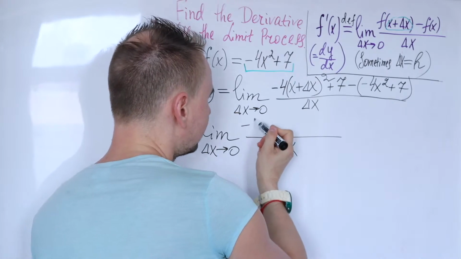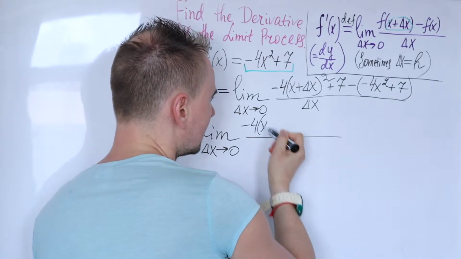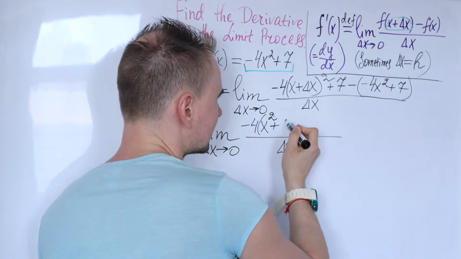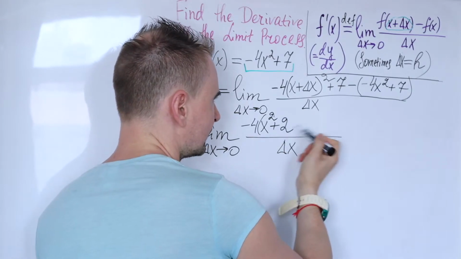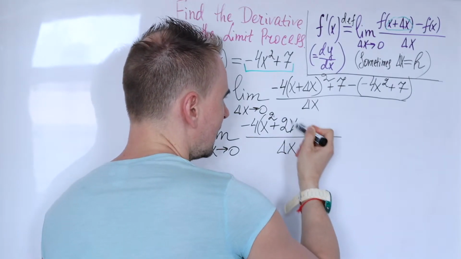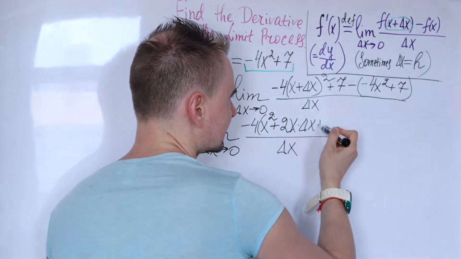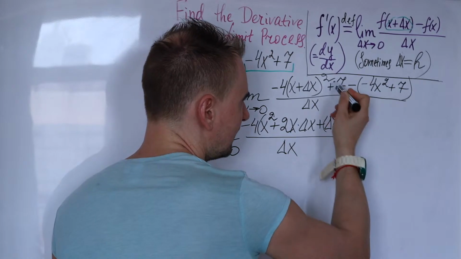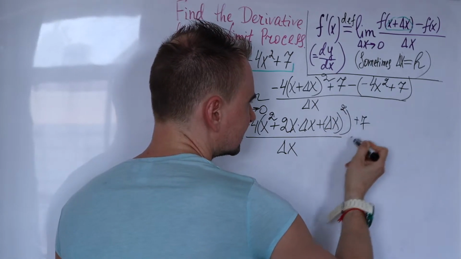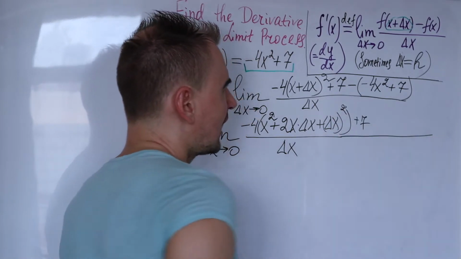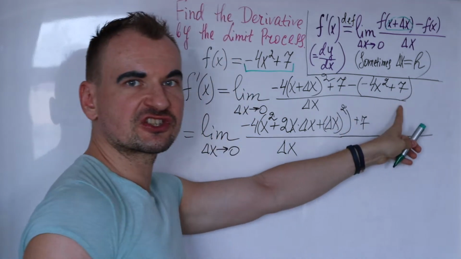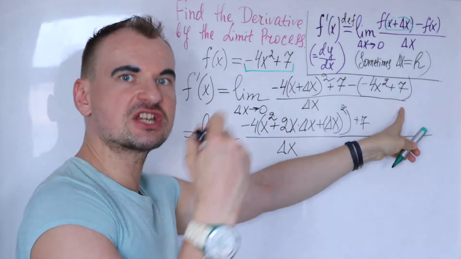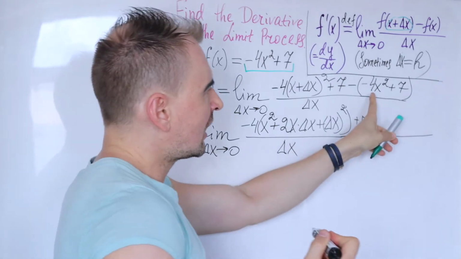So negative 4 we keep, it becomes x squared plus 2 times x and delta x, plus delta x squared, plus this 7. And I'm going to open up the parentheses over here by switching the signs out front.